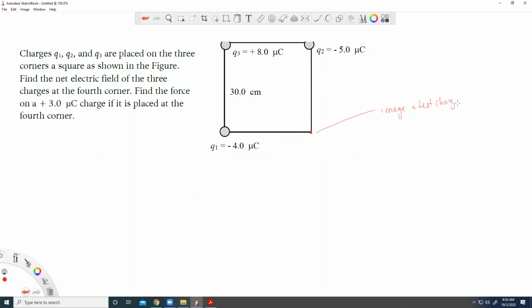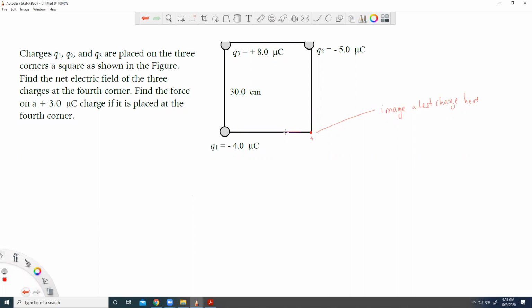The test charge is always positive. So imagine there is a small positive charge sitting there. Which way will be the force on the test charge due to this negative charge? What's the direction of the force? It will attract, right?